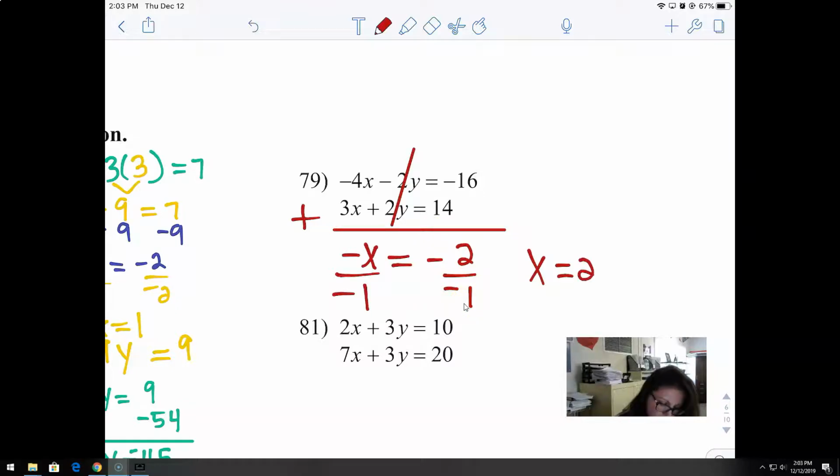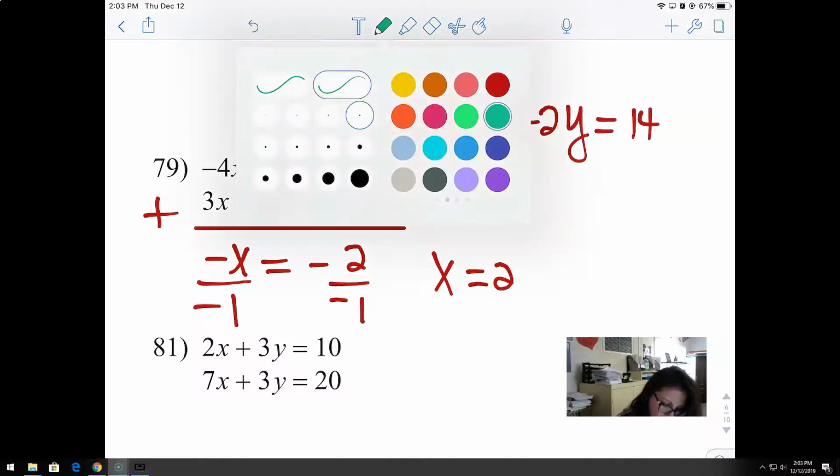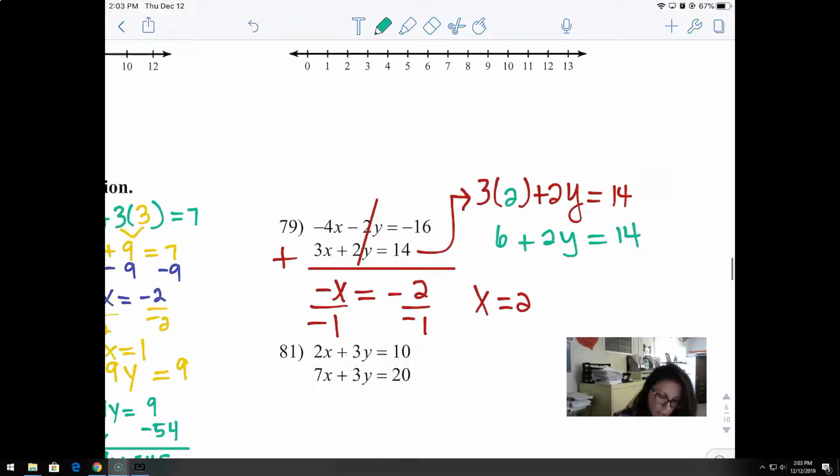And then you can just plug in x to solve for the corresponding y. So you're going to go 3 times x plus 2y equals 14. I'm just getting you guys started on this one, and x is 2. And you can go ahead and finish to solve for y. 6 plus 2y equals 14. All right, go ahead and finish that.